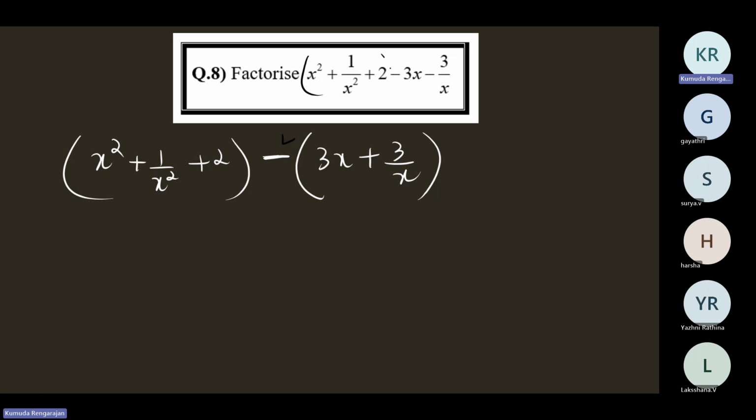For the first 3 terms, you can put a bracket. But for the last 2 terms, if you put a bracket like this, the value will change, because the minus which is outside the bracket will be minus 3x, minus into minus plus 3 by x. It's actually minus 3 by x.